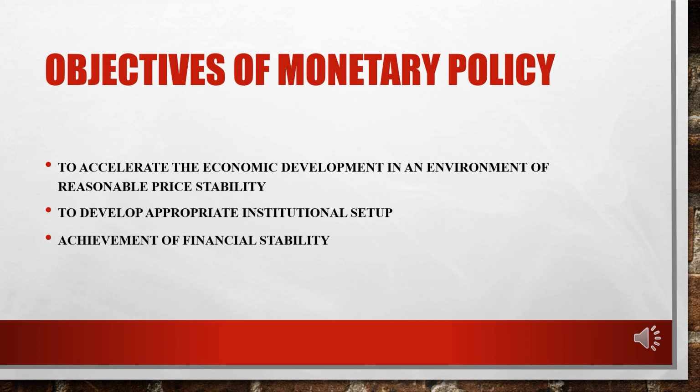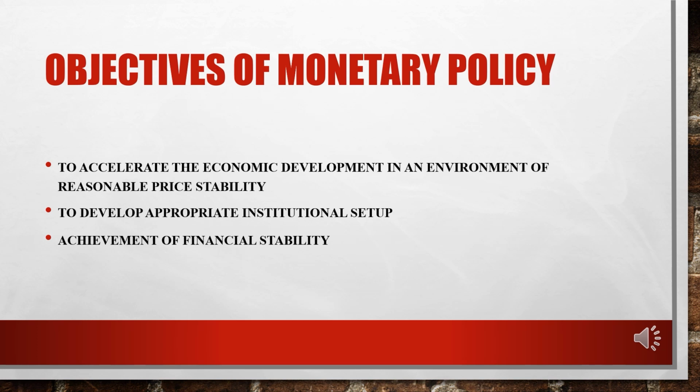We have a framework like this. We have to change certain instruments. There are certain instruments that are used to change the money supply. These instruments have an impact on the money supply and the bank credit, which are the intermediate targets, the two intermediate variables in our context.